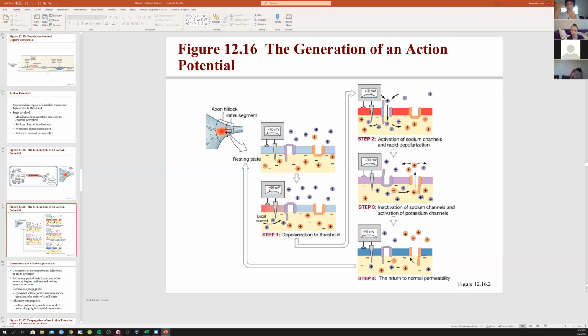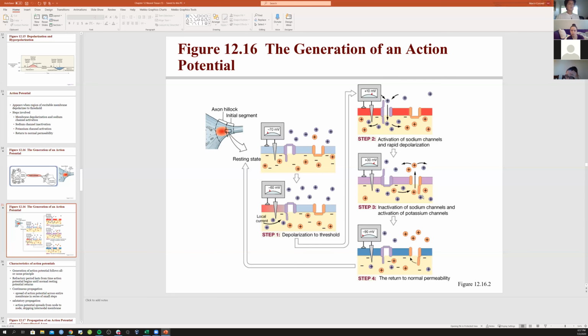So we're basically losing positive and gaining positive at the same time. That's not going to lead to any change. It's going to stay the same. But if we allow sodium to go in first, we're gaining all of that positive. And then we allow potassium to leave, then we're losing all of that positive.